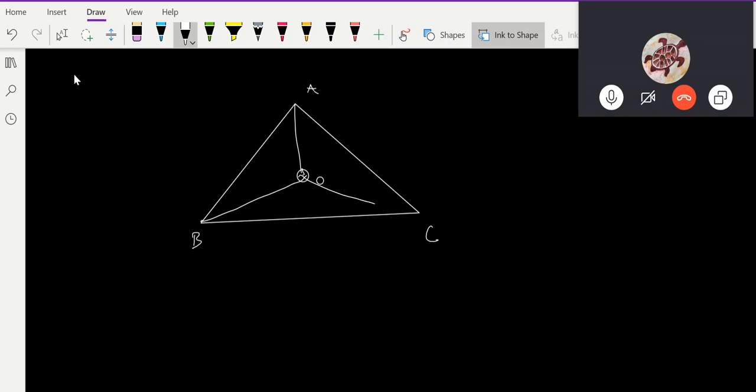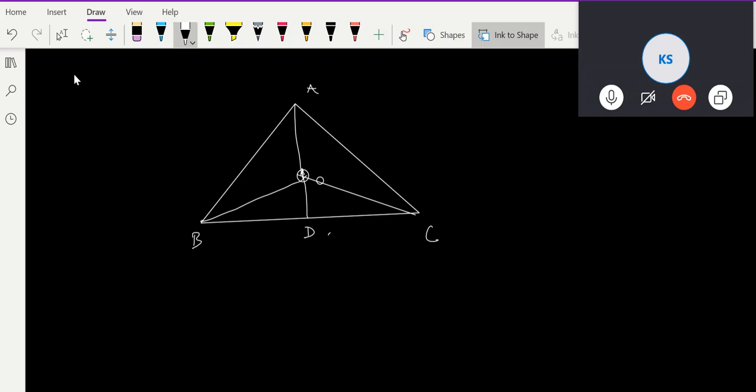How can I find out this point O? In case of this triangle, if I extend AO to meet BC at D, what happens?